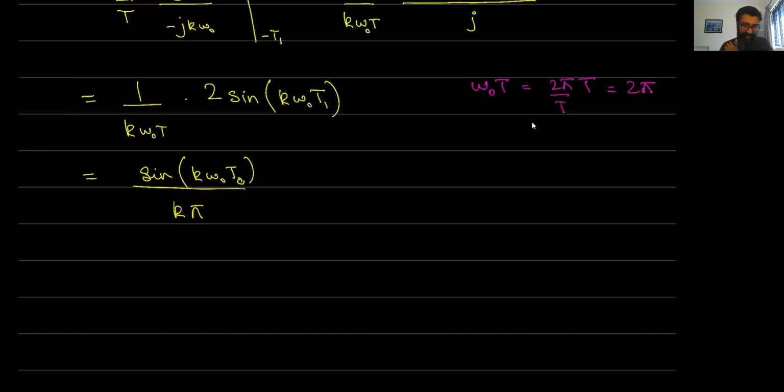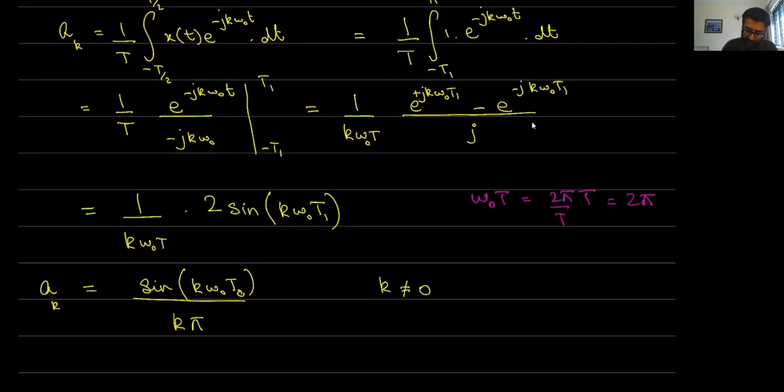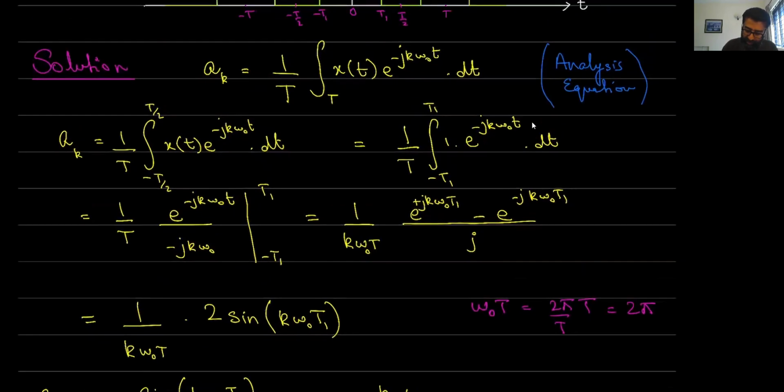The other thing we observe is that this expression is in fact true only when k is not equal to 0. The reason for that is because when k equals 0, not only is the numerator equal to 0, but also the denominator is 0. You would have to apply L'Hopital's rule for that. That's one of the things you could do, and I encourage you to do it on your own as well. However, in order to evaluate a0, there's a much simpler approach, which just goes back and sees what this expression is.